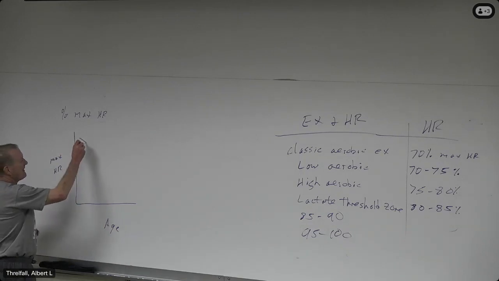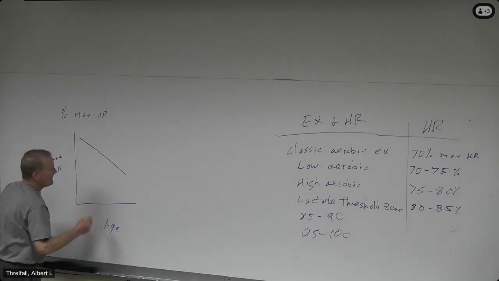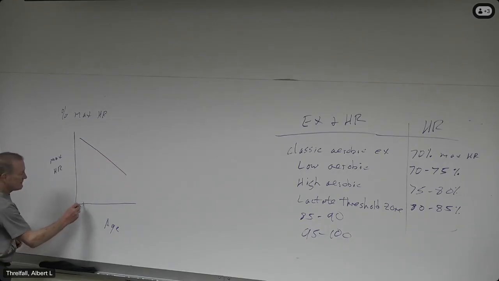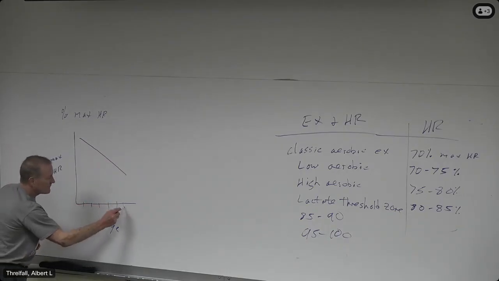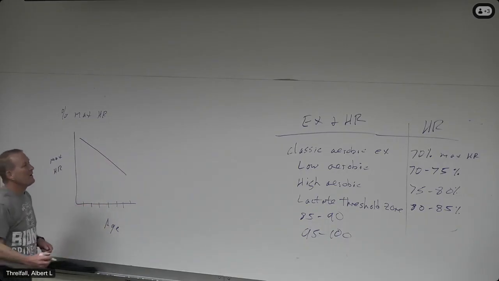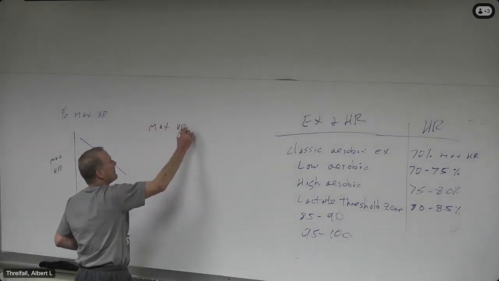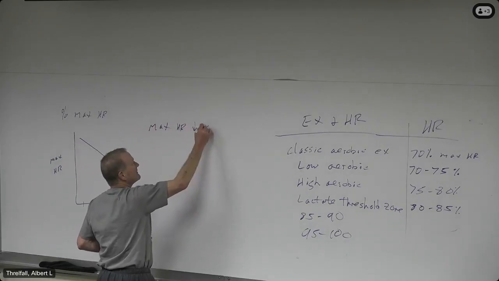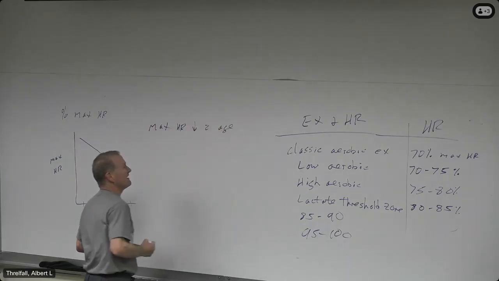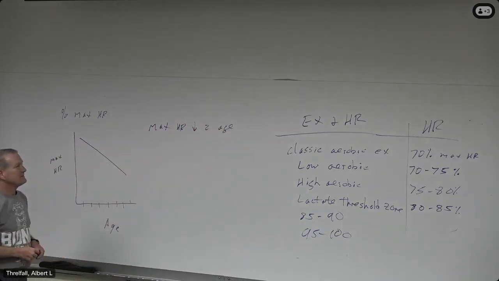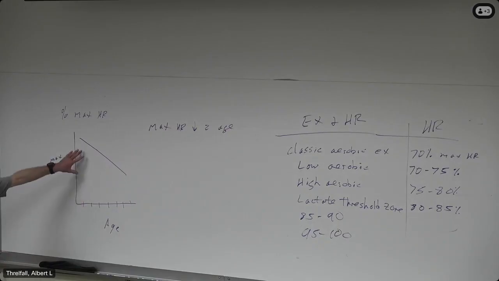And they found that as you age, your maximum heart rate decreases. So we know that maximum heart rate decreases with age. They use this line in a process some of you have heard of.